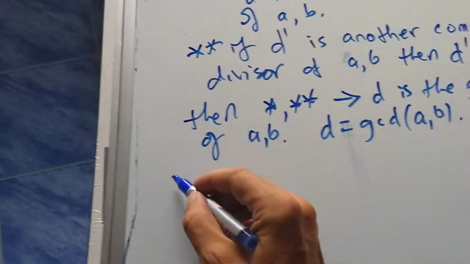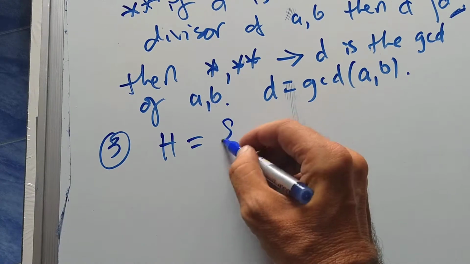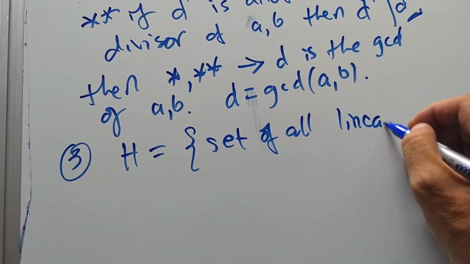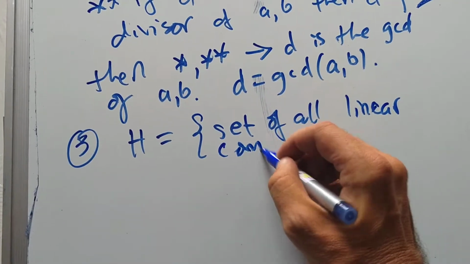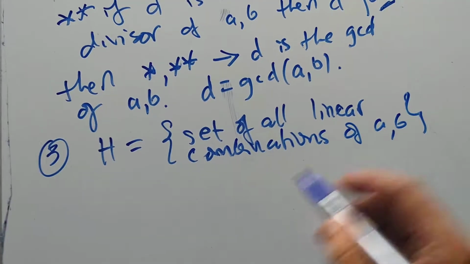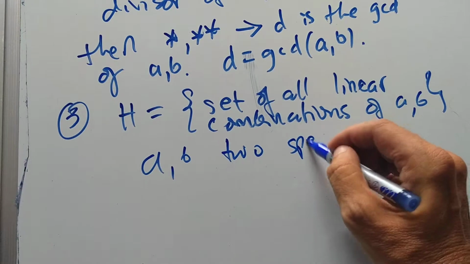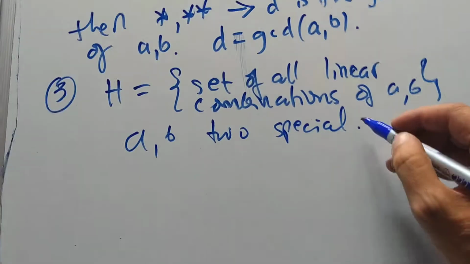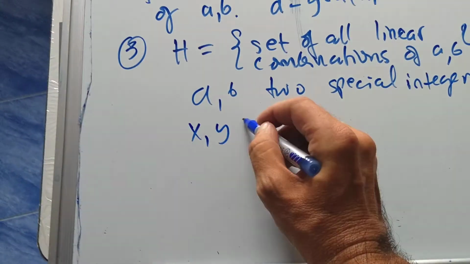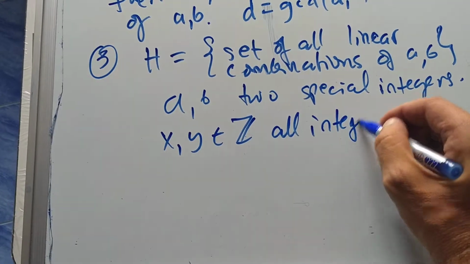Now, the next thing we want to do is take H. This is the set of all linear combinations of A and B. We take A and B, two special integers that we're going to choose, and x and y are anything in Z, all integers.